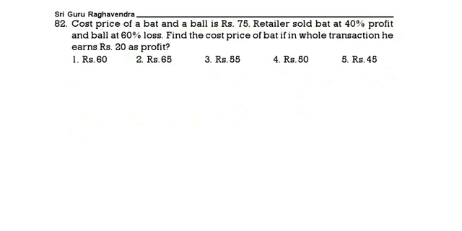Next question. The cost price of a bat and ball is 75. The retailer sold the bat at 40% profit and ball at 60% loss. So what is the profit on bat? If bat cost price is 65, 40% is the profit. So the profit on bat is 30.